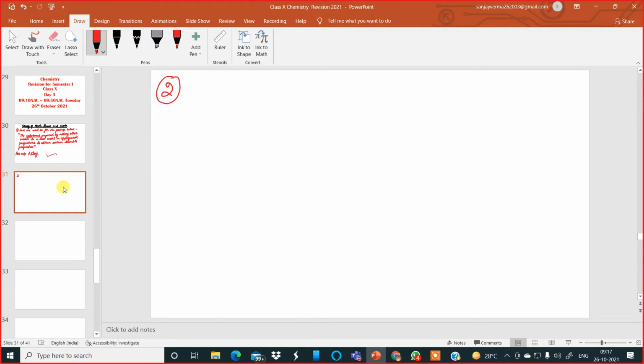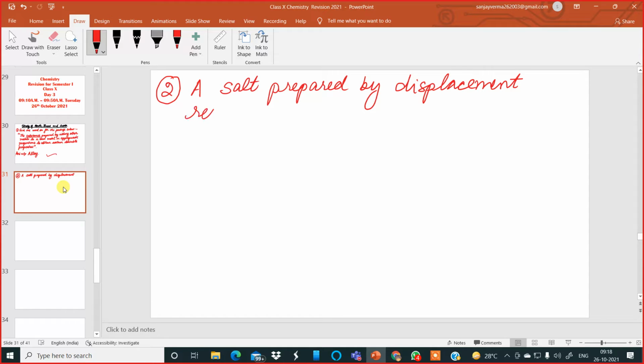Number two. A salt prepared by displacement reaction is, I'm giving the options in this manner: FeCl3, FeCl2, AgCl.